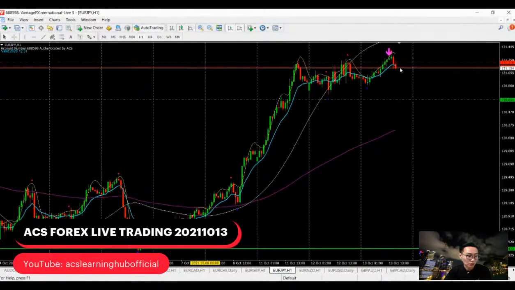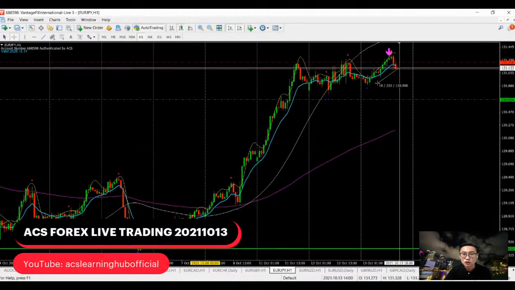So now there's a chance for you to grab some profit when it's trying to break the support to change the trend. This is the time where it started to break the support and change the trend to a downward trend, to a bear trend.